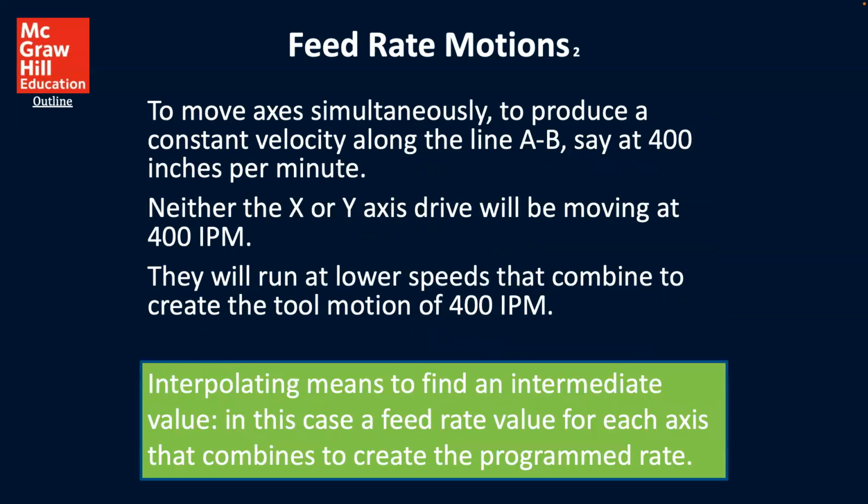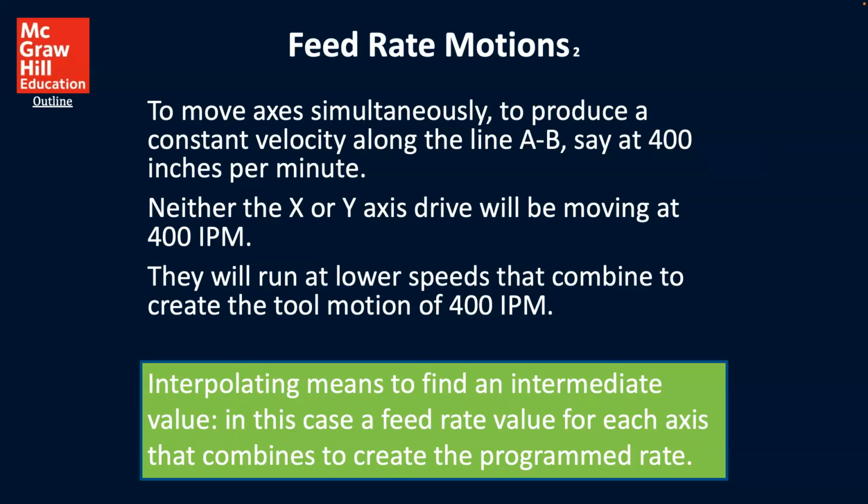For feed rate motions continuing to move axes simultaneously to produce a constant velocity along the line AB, say at 400 inches per minute, neither the X or Y axis drives will move at 400 inches per minute. They will run at lower speeds that combine to create the tool motion of 400 inches per minute.